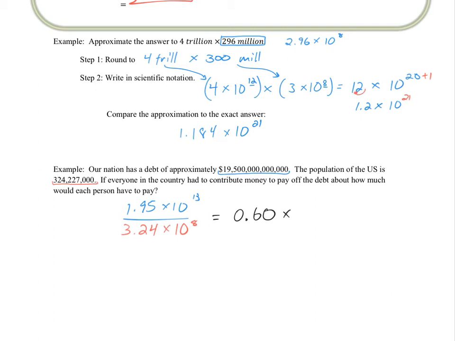And we would have to just do our quick subtraction. I'd say top minus bottom. 13 minus 8 is 5, so it's 0.60 times 10 to the 5th.